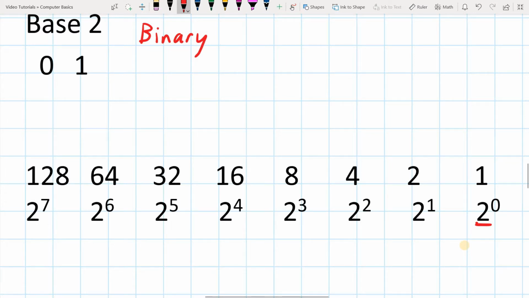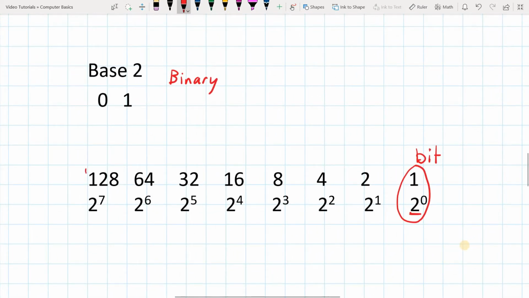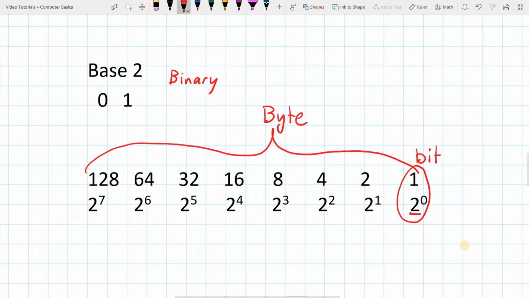And we get rid of the decimal point, and we're just going to use these powers of 2 from 0 on up. Each one of these columns, we call a bit. And to get 8 columns, which is how many we have here, this is called a byte. So we have a bit, and 8 bits is a byte.